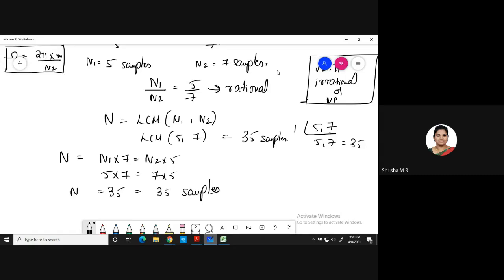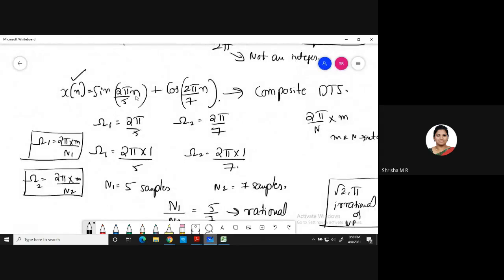The fundamental period N is equal to 35 samples. Is it clear? Is it clear, guys? Yes, ma'am. Following? I'll just brief up this problem.